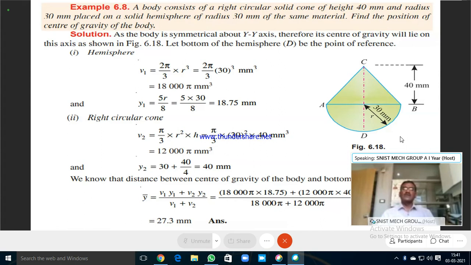Y bar is equal to V1 Y1 plus V2 Y2 by V1 plus V2, and you are going to get the centroidal coordinate, because it's symmetric about y-axis and other two coordinates are 0, and you have only y coordinate, and that you can locate by using this formula. Okay, so with this problem, your unit 3 is completed. All of you please complete this, and we'll switch over to unit 4, that is moment of inertia.